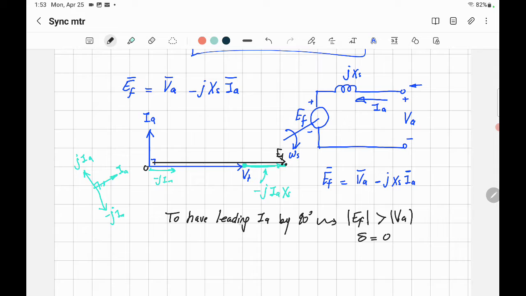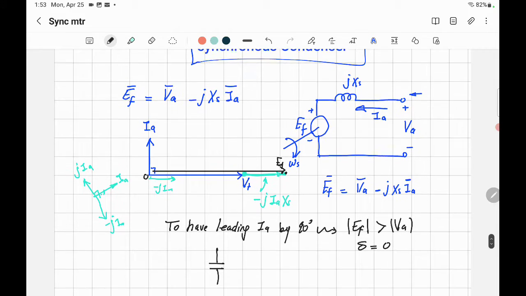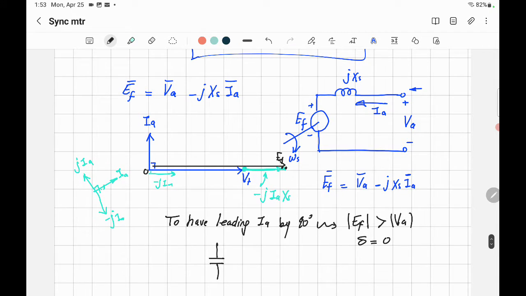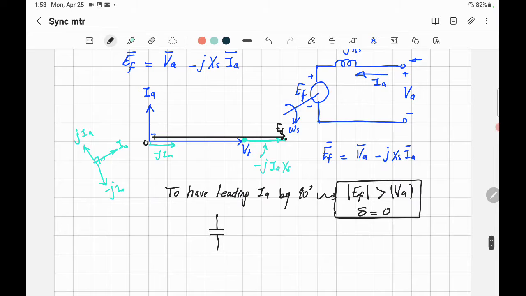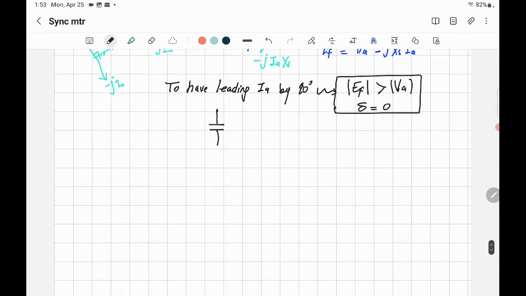In this case, you get the armature current leading the voltage, so that will behave like a capacitor. So you can use it as a condenser to improve the power factor. All right, so that's what we got: the excitation voltage magnitude should be bigger than the armature voltage and in phase with the armature voltage. In this case, the armature current drawn from the system is leading, and that will improve the power factor.